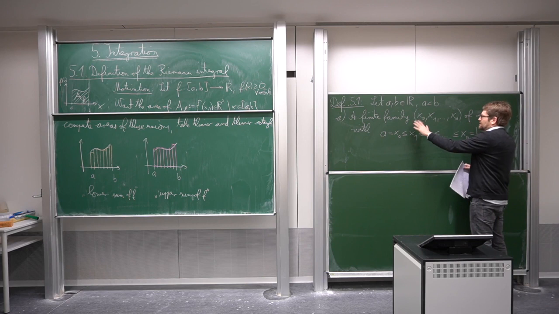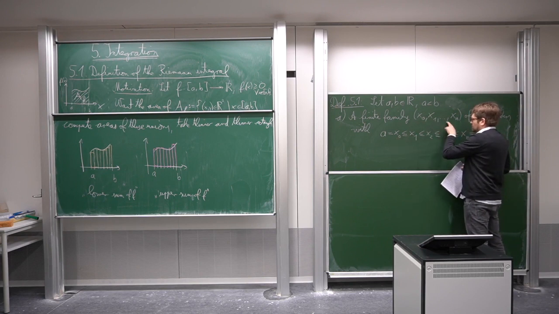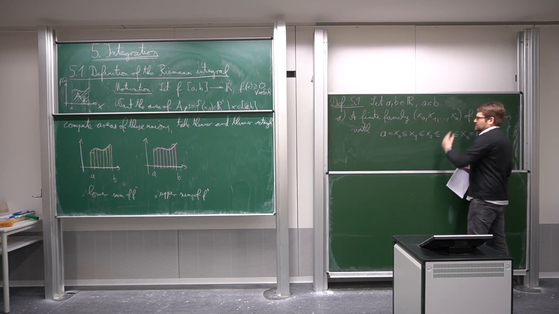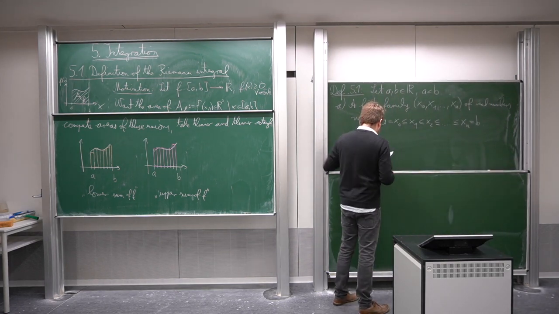I've written family here, not set, and I've used these parentheses instead of set brackets because it's not only the set, but we want to preserve this order. So they should be ordered. That's important. In a set, there's no ordering a priori. But if I write it like this as a tuple, it just means that they are sorted by value. Okay.